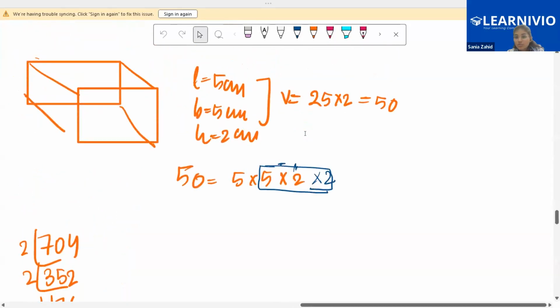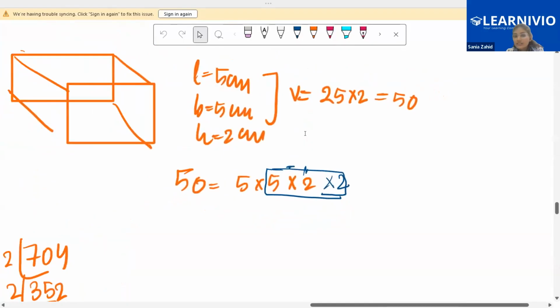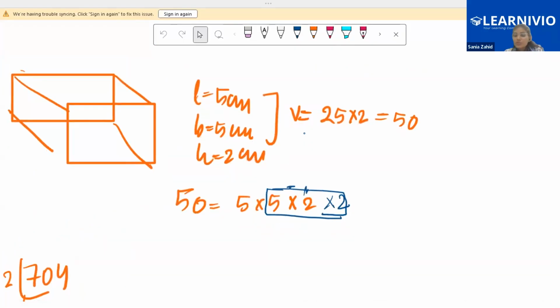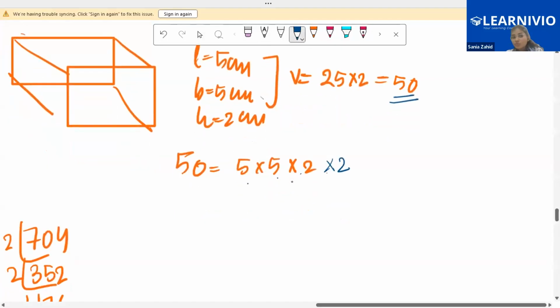Okay, look here. What I was telling you is, this was a question. We have a cuboid. I told you, what is the volume of this cuboid? 25 into 2, so the volume becomes 50. Now, children, what are the factors of 50? The factors of 50 are 5 into 5 into 2. Now, remember one thing: for a figure to be a cube, its volume will always have the factors in triplet format.